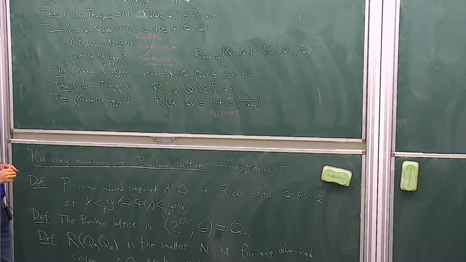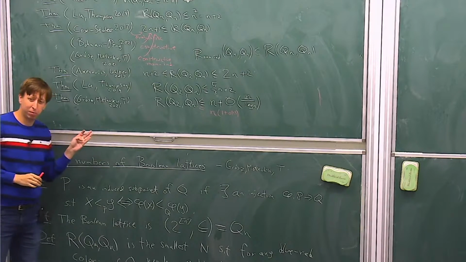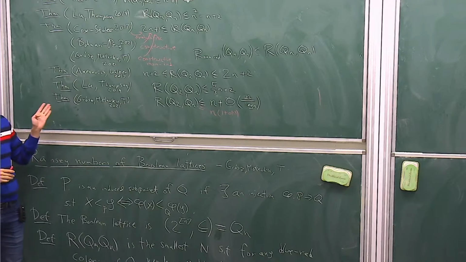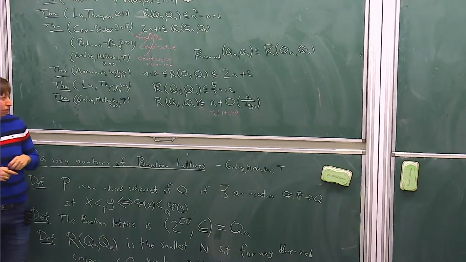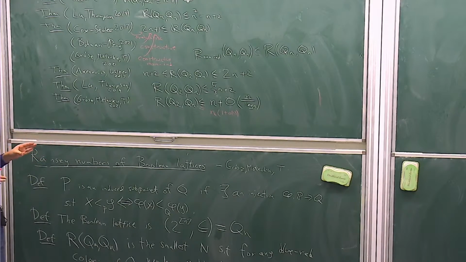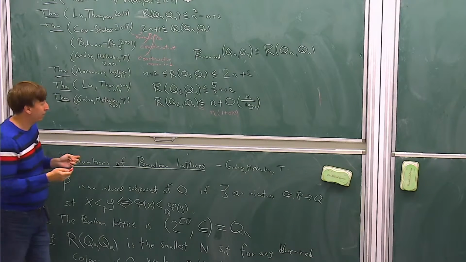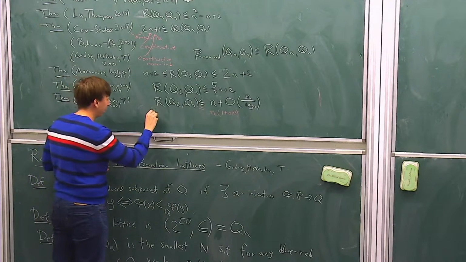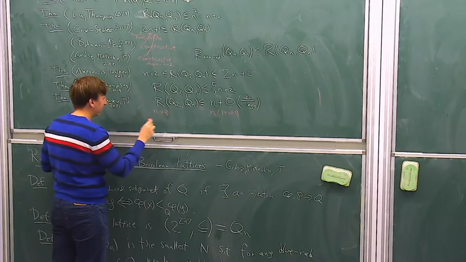Actually, I will remark it's a little bit interesting in the non-induced case. If we don't forbid induced posets and we look at Q2 versus Qn, we can prove a lower bound of n plus 3. So this is for non-induced.